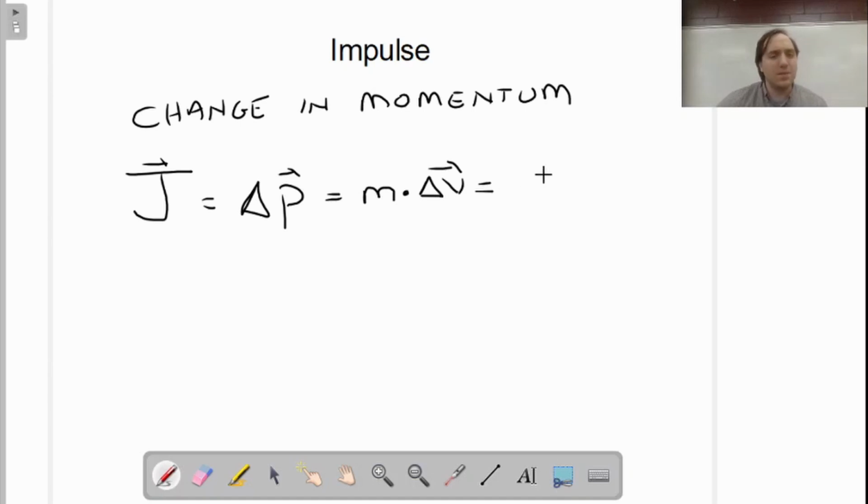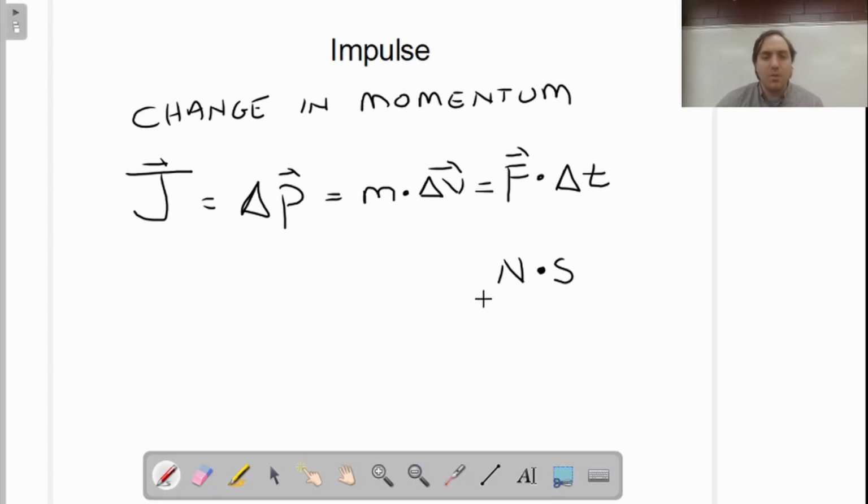The final and most directly relevant to the definition form is F times delta t. Until a force acts on it, and the force has to act for a period of time. This actually brings us to an interesting point. Because it's force times time, that's a Newton times a second.